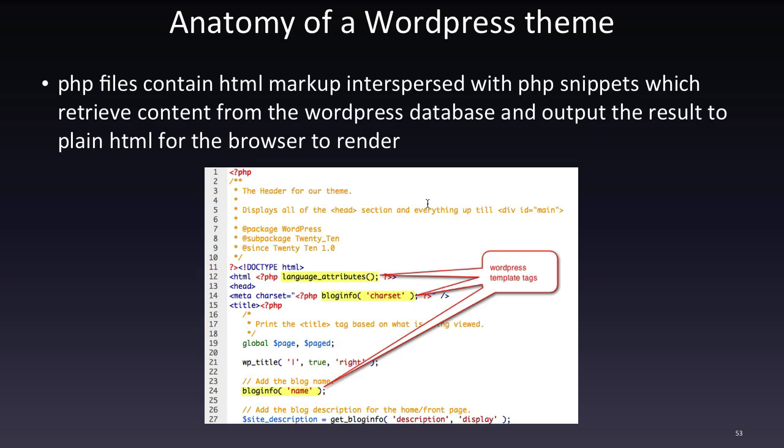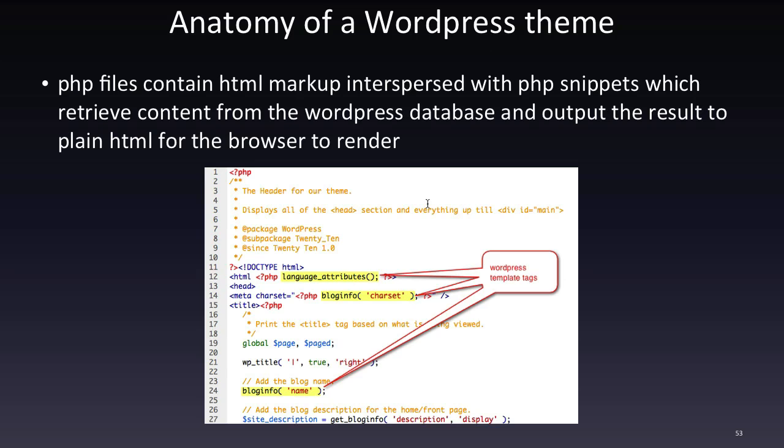So the PHP files contain, very much like we saw last week in the tutorials, HTML markup interspersed with PHP snippets which retrieve content from the WordPress database and output the results as plain HTML for the browser to render. So this is very similar to what we did last week.